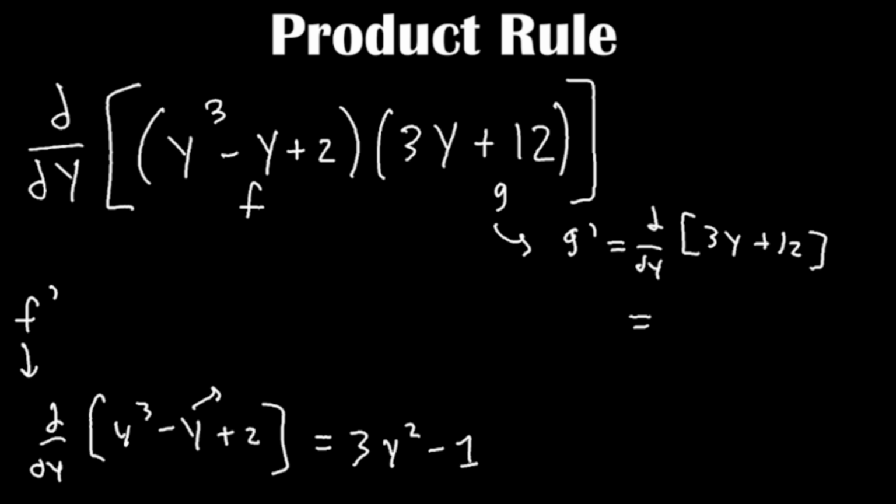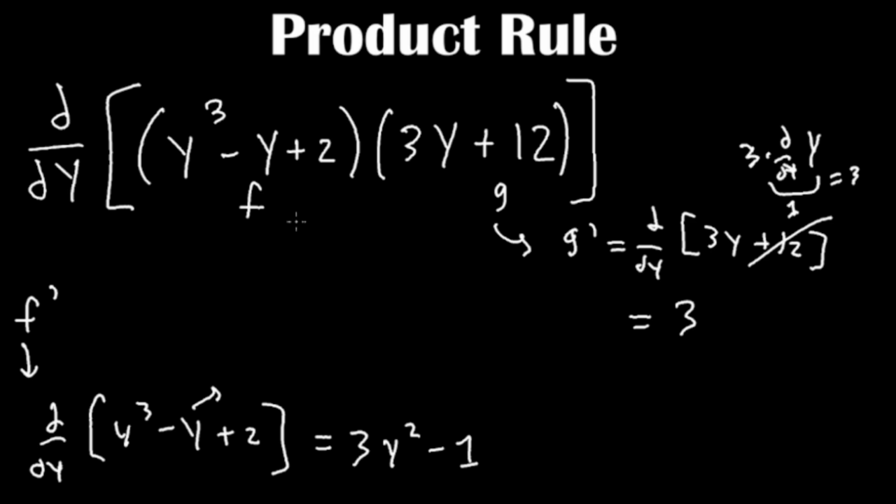But you can go a step further. You can notice this 12 is going to go to 0 because it's a constant. And then the derivative of 3y, that's 3 times the derivative of y. And we already said the derivative of y is just 1. So this is just 3 times 1, which is 3.